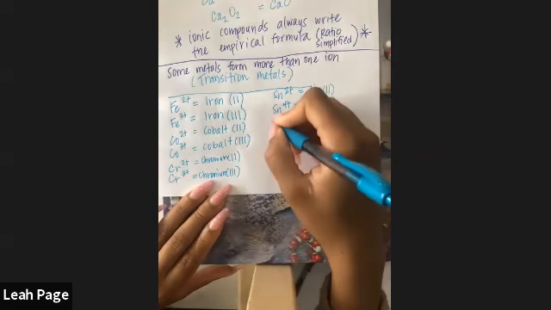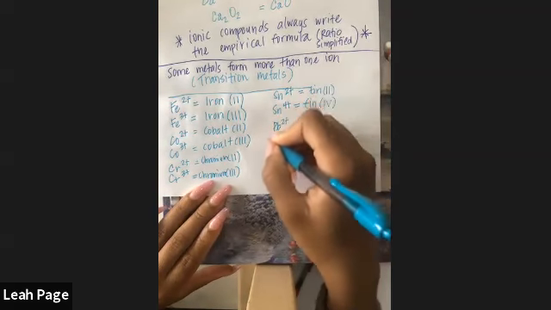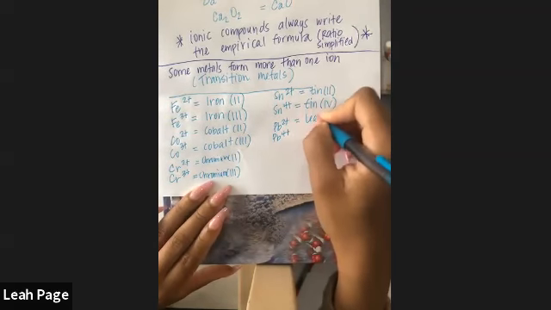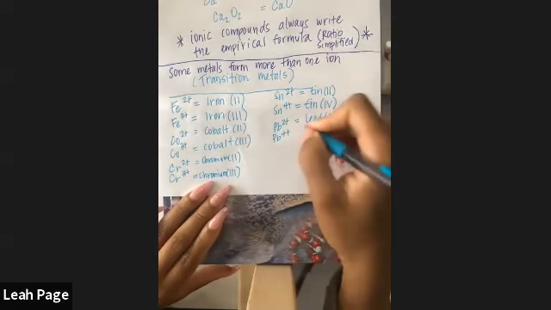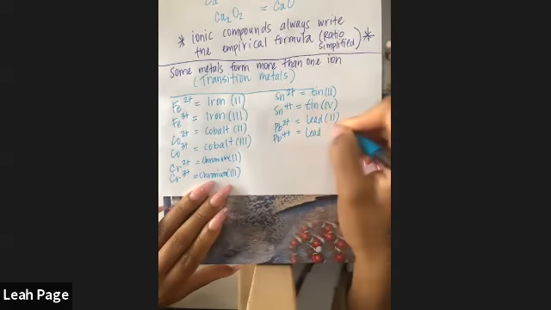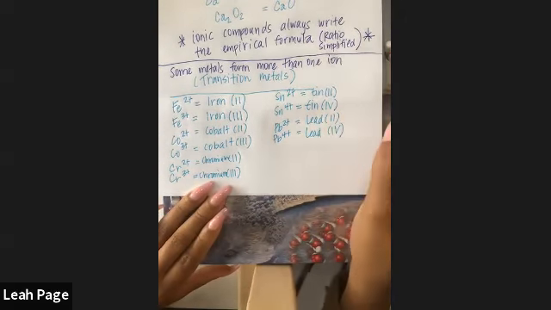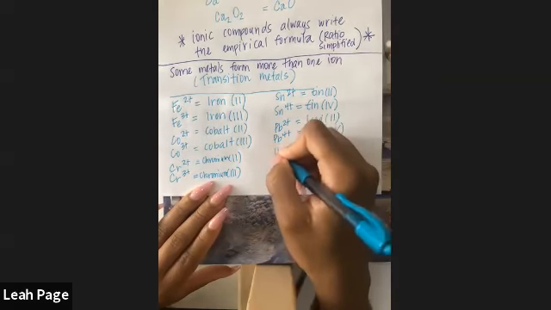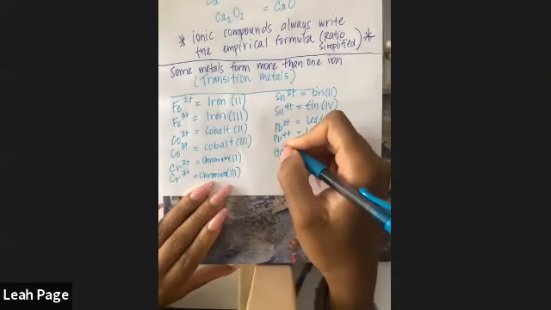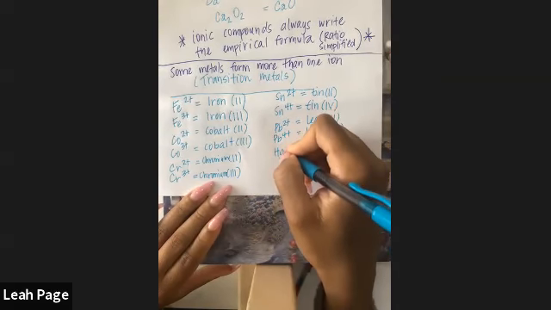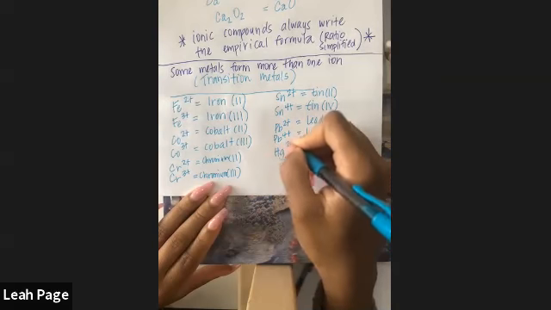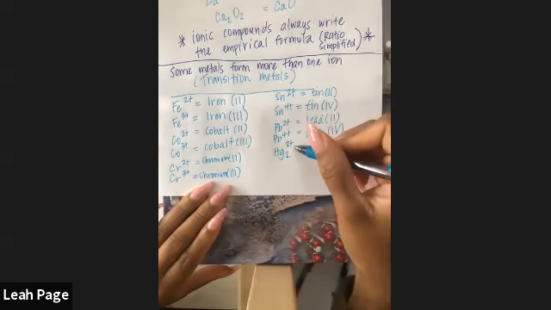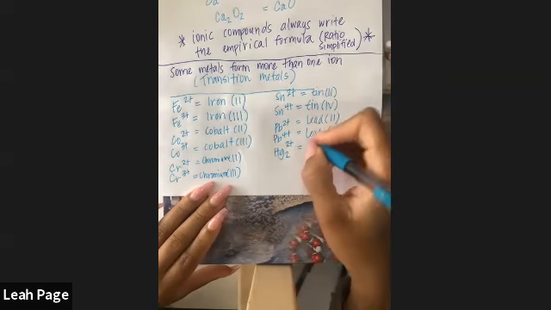We have lead 2 and lead 4. So we'd say lead 2 and then lead 4. And then the weird one that comes up is mercury. Mercury looks like this. And instead of saying mercury 2, it's actually mercury 1.